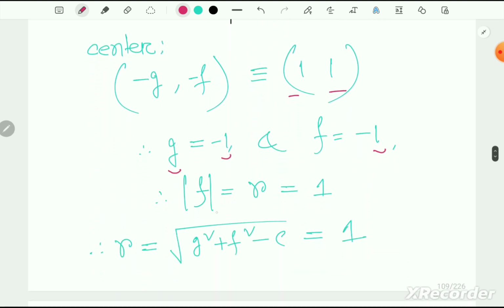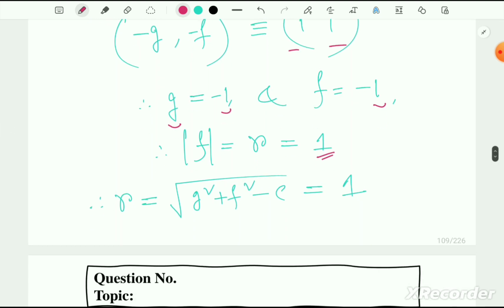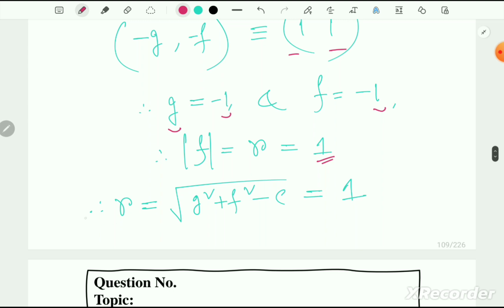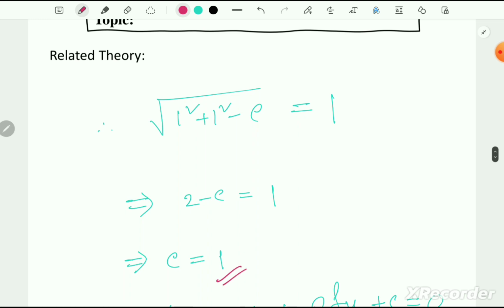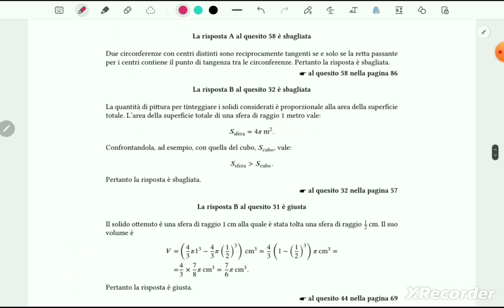So if the absolute value of f equals 1, from the formula, this equation represents the radius. We can find the constant term c. So root over g square plus f square minus c equal to 1, and if we calculate, we find c equal to 1.